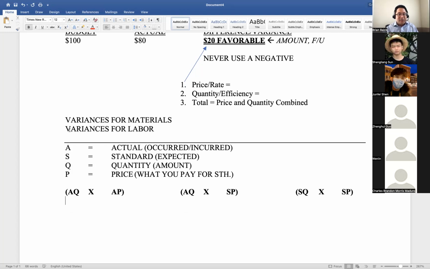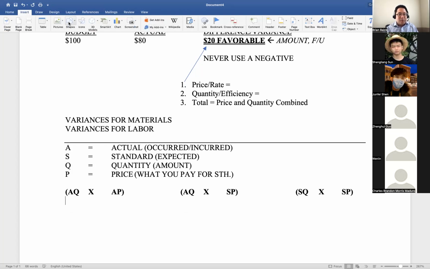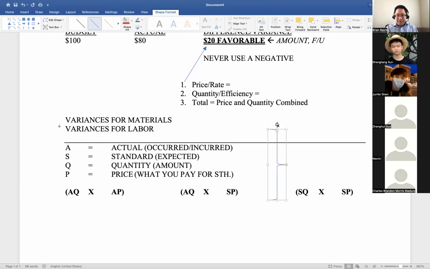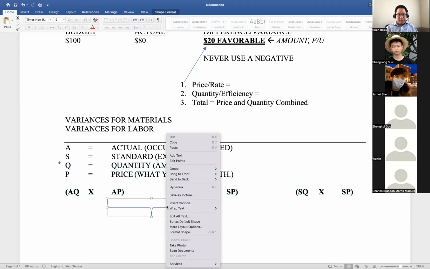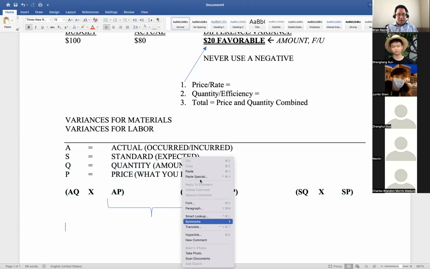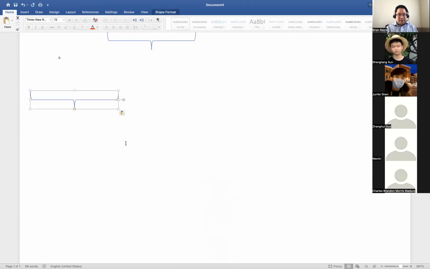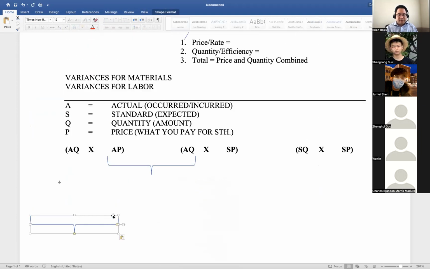The last thing you need to know is you can get three variances. We can get a variance from the first number to the middle number. You can also get a variance from the middle number to the last number.